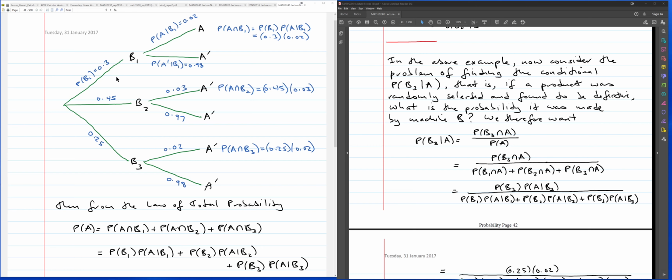Probability of A is when you multiply these two edges, the 0.3 by the 0.02, then multiply the 0.45 by the 0.03, and then multiply the 0.25 by the 0.02. When you add up this product with this product with this product, you get the probability of A.